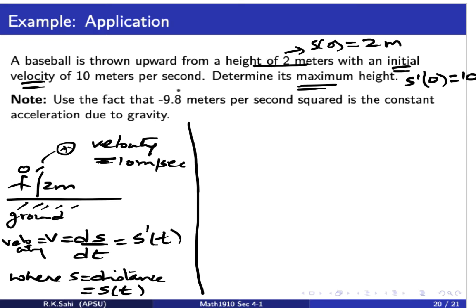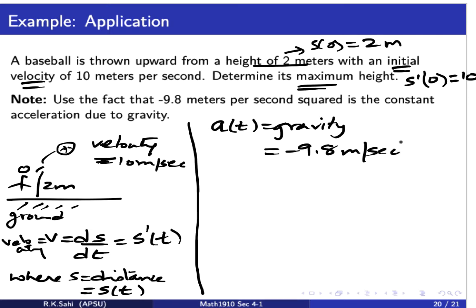Back to our problem, we all know that the gravity which acts on the earth is given by acceleration, which is given to be 9.8 meters per second squared.